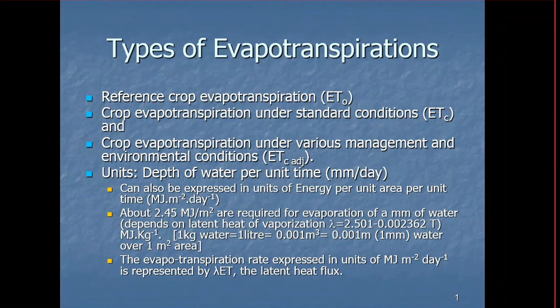The evapotranspiration rate expressed in megajoules per square meter per day is represented by lambda ET. It is called the latent heat flux. Latent heat flux is lambda into ET, and the units are megajoules of energy required to convert 1 millimeter of water per square meter of area per day.